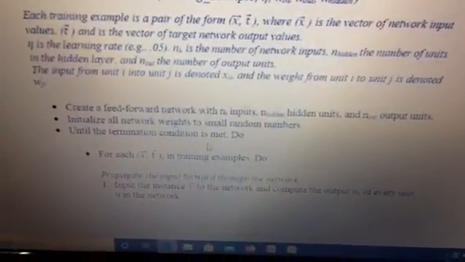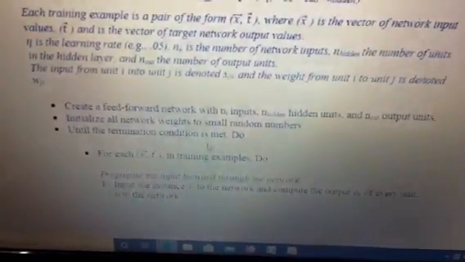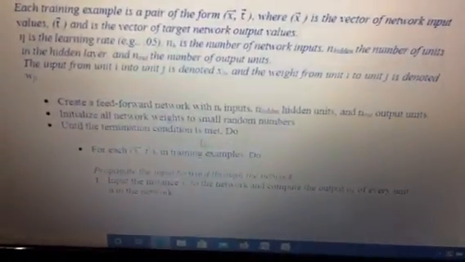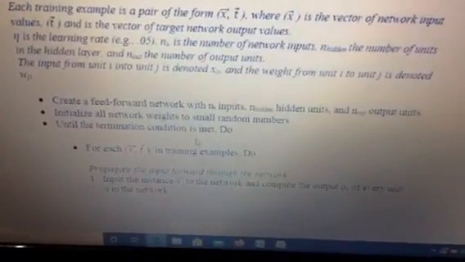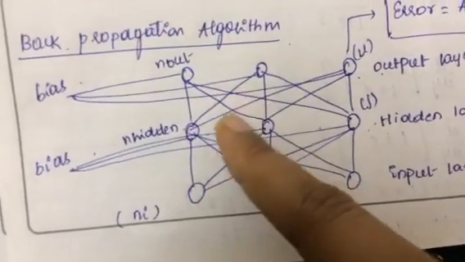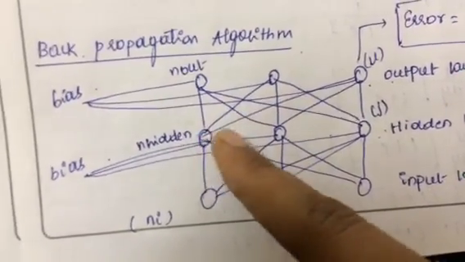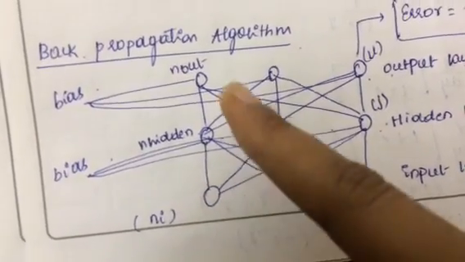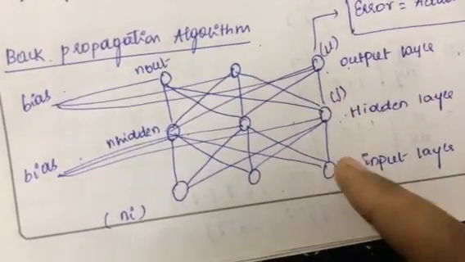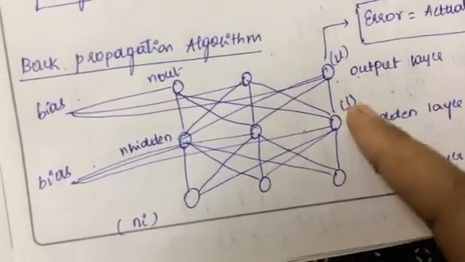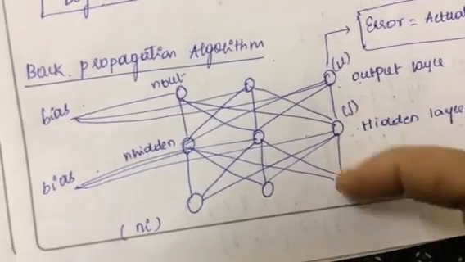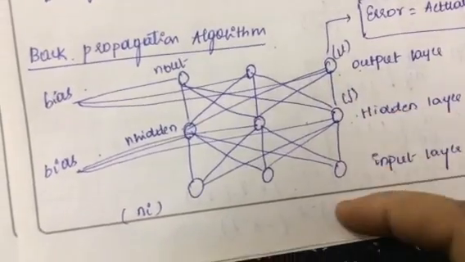N hidden is the number of hidden layer units, and N out is the number of output units. Next, the input from unit i to unit j is denoted by xji, and the weight from unit i to unit j is denoted by wji. This is the input layer and this is the hidden layer. If I consider this as unit i and this hidden unit as unit j, then the input from unit i to unit j is represented by xji.